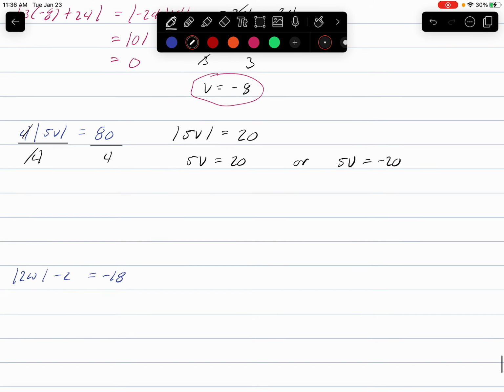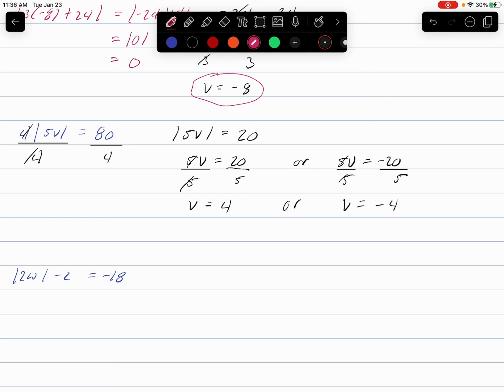Okay, so if we solve this first one here, if we divide both sides by 5, we will end up with v is equal to 20 divided by 5, or 4. We also have, over here, we can divide both sides by 5. And we'll end up with v is equal to -4.